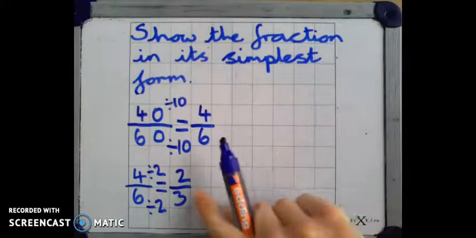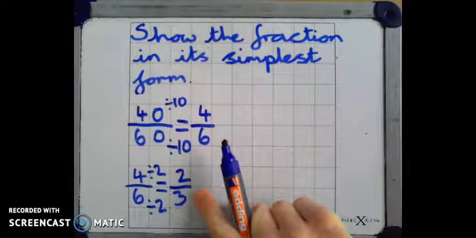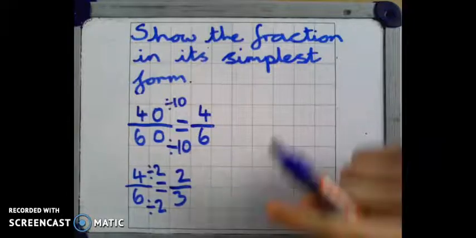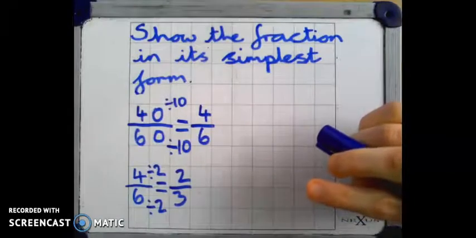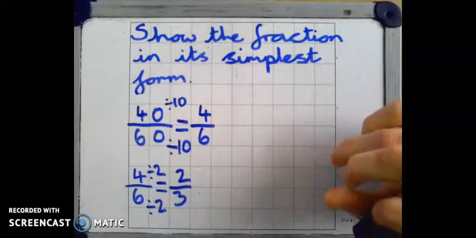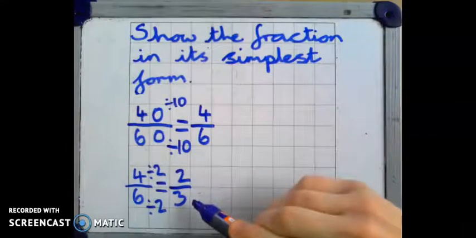Can we be sure this is in its simplest form? Are 2 and 3 in any times table other than the 1 times table? No, they are not. We've found this fraction in its simplest form.